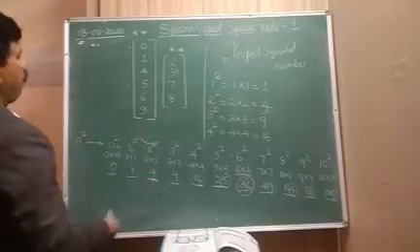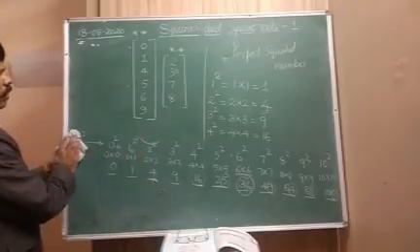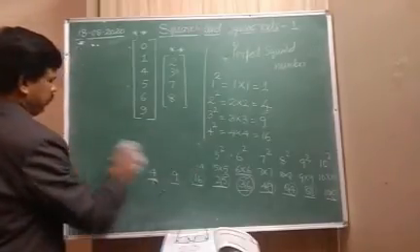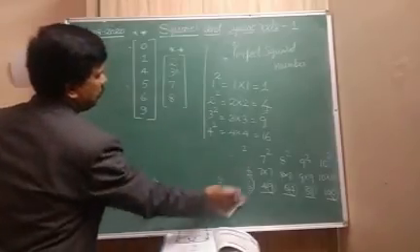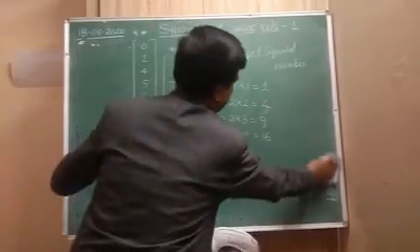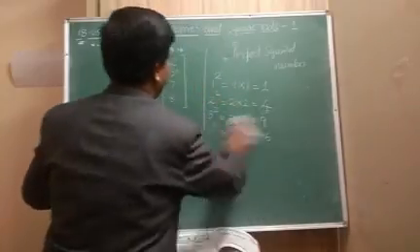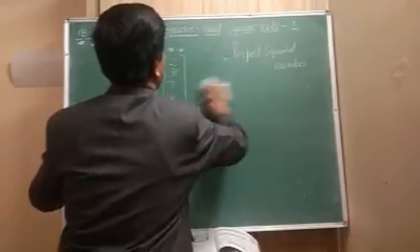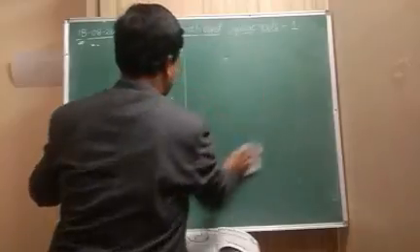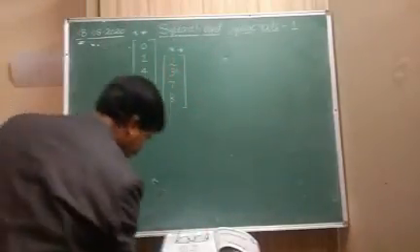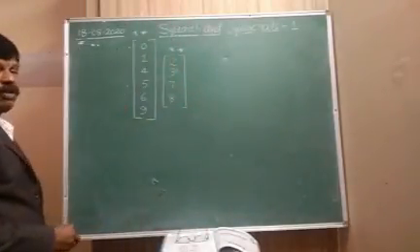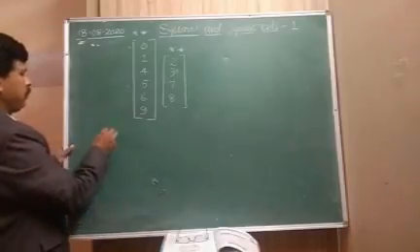This is one thing, the perfect square number. Now, what happens if you multiply negative integers? You know that integers are positive and negative, right? Now, what happens when negative numbers are squared? Look at this.